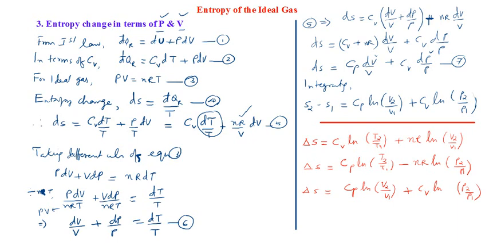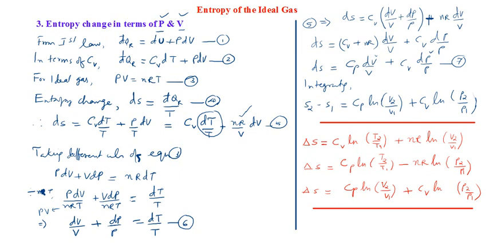So these are the sets of equations that we have derived. All these equations give you the change in entropy of an ideal gas in terms of the three thermodynamic variables. I conclude the session here by telling you that any of these equations can now be used to find the entropy change of an ideal gas in various specific thermodynamic processes.